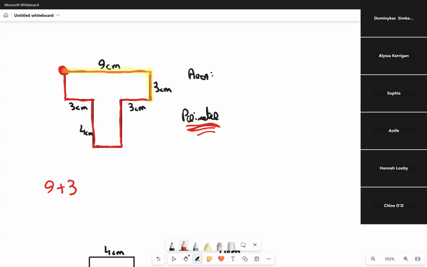Plus, we have this bit here, 3. Plus, we have this bit here. Now, I don't have a length for it. I wrote on the line 4. How'd you know? Because it's on the other side. Well, lovely. Then we have this bottom bit here.